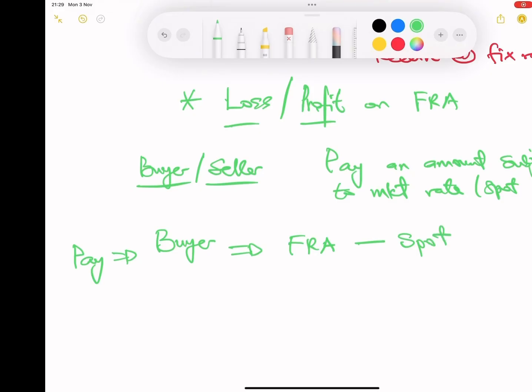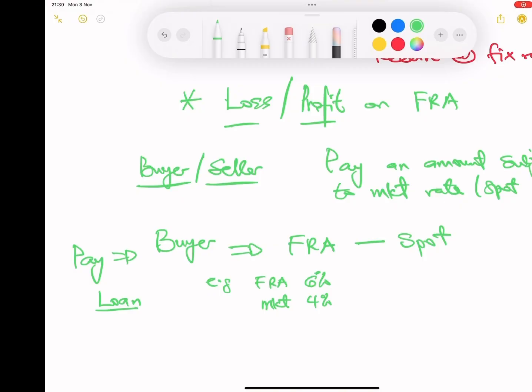So, take for instance, if FRA has been agreed at 6%, and come on the transaction date, the market rate is doing 4%. A buyer must definitely be someone that has borrowed money. So, which means this person has a loan.